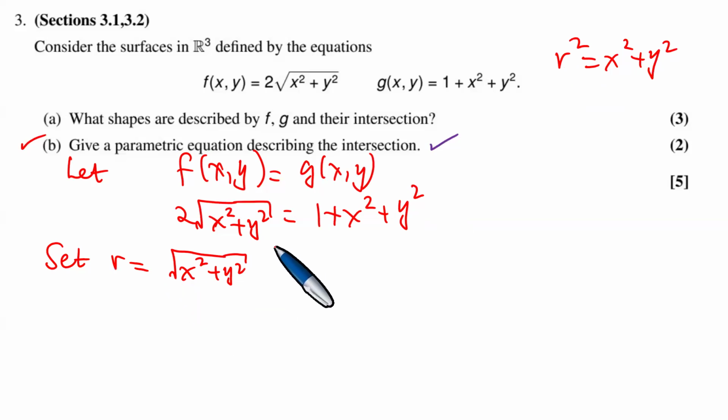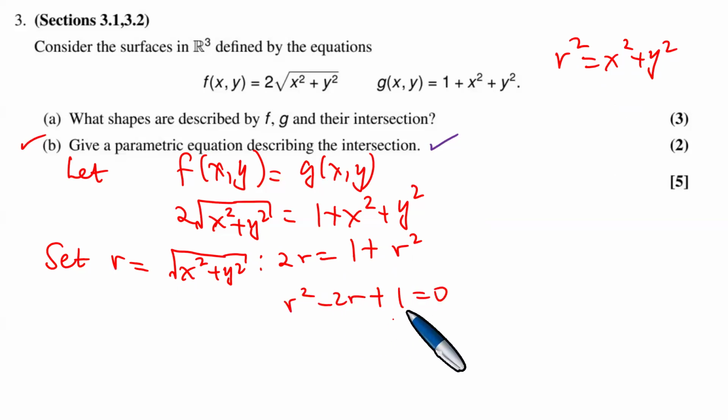The above equation can then be solved as follows. Because of this, we have twice R equals 1 plus x squared plus y squared, which is the square of the radius. This is the same as R squared minus 2R plus 1 equals 0.